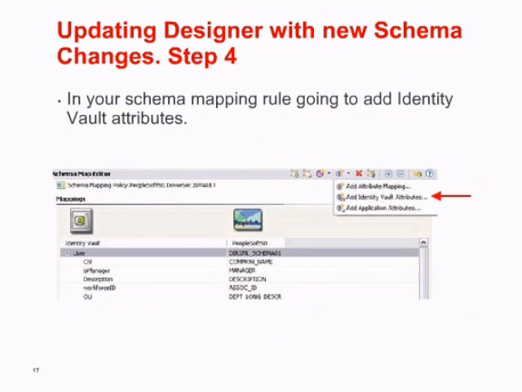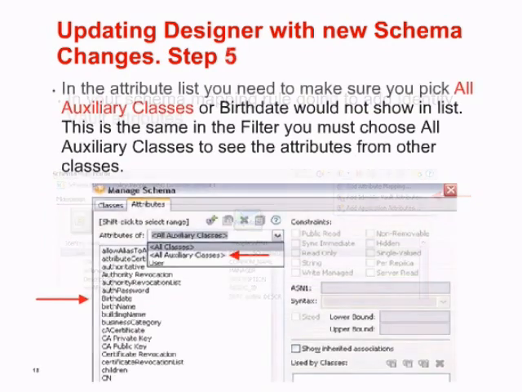The next important piece here is that you're going to go in and choose Add Identity Vault Attributes. So you're going to come in here, which is your Identity Vault Attributes, and you're going to choose that as a drop-down. Make sure you choose the second option. And the key here is you have to make sure that you choose all auxiliary classes.